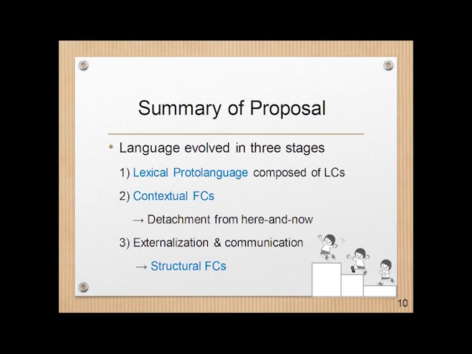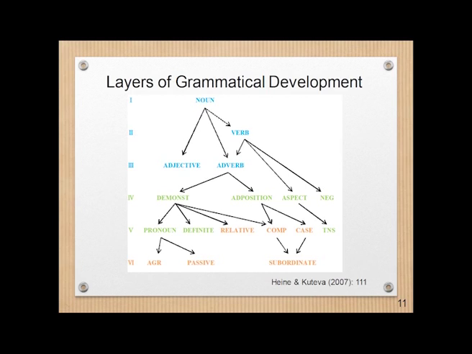And at the same time, externalization and communication of linguistic structures also developed. And due to this, indicating the structure of interword relationships became adaptive, and structural functional categories emerged.